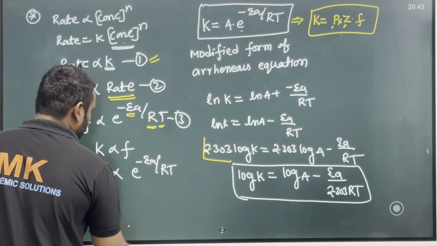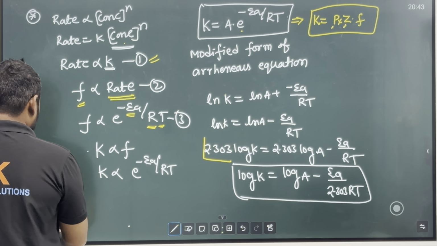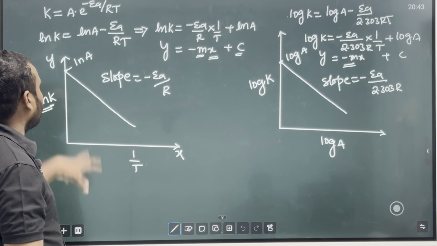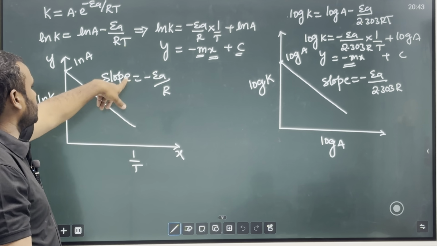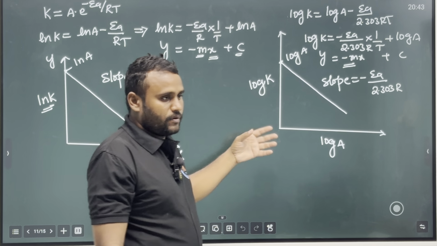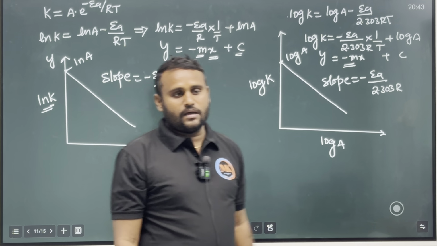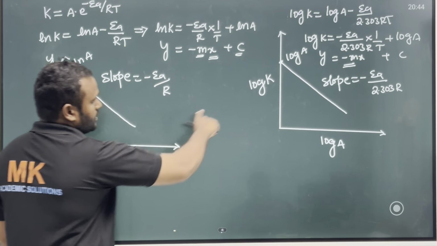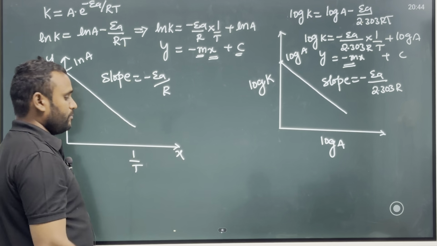Later I explained the graphs related to that equation, y is equal to minus mx plus c. Sometimes they directly ask in JEE Mains which is the correct graph that represents the Arrhenius equation. These are the graphs; remember the slope values also.